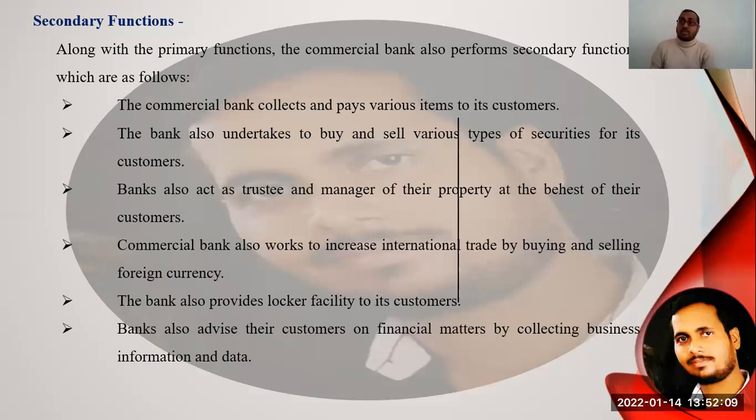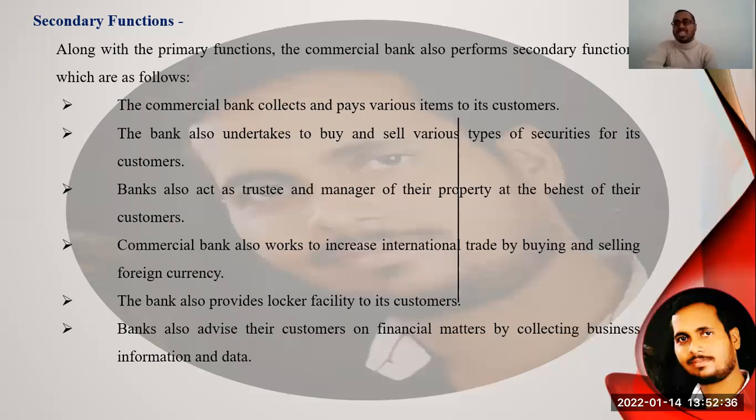If we go to take a loan, the bank audits our loan proposal and suggests whether it is serious, risky or not. So it also helps in the role of an advisor to our trade or business. It is another secondary function of the bank system, and here the secondary functions are completed.